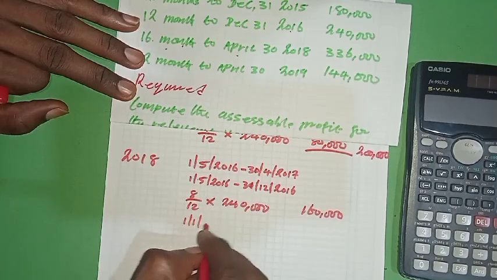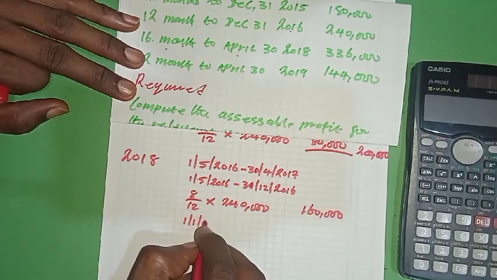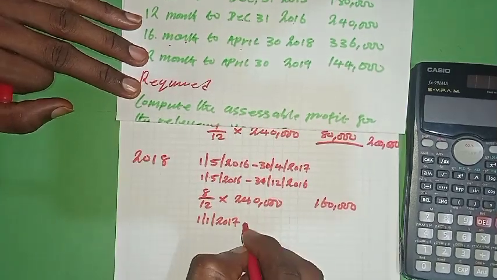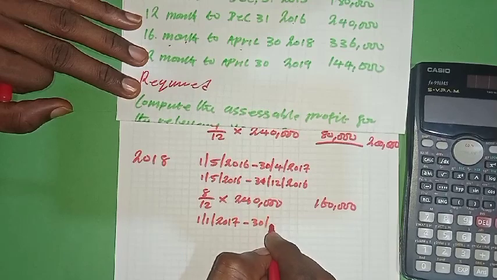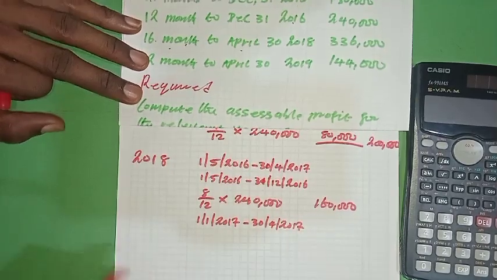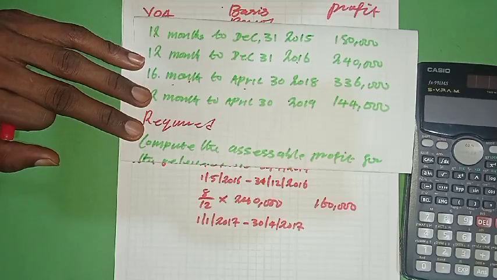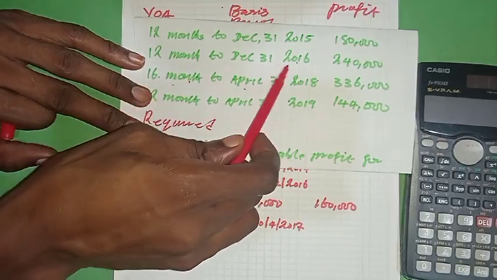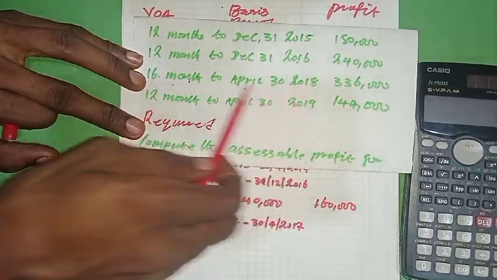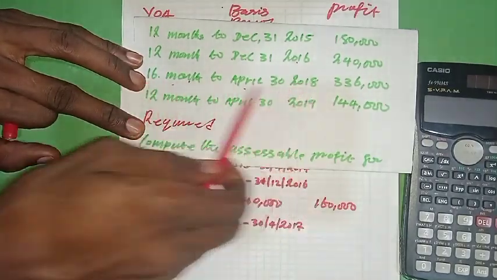1st January 217 to 30th April 217. And if you check from our question, you find out that 217 is embedded in this 16 months. 217 is embedded here.